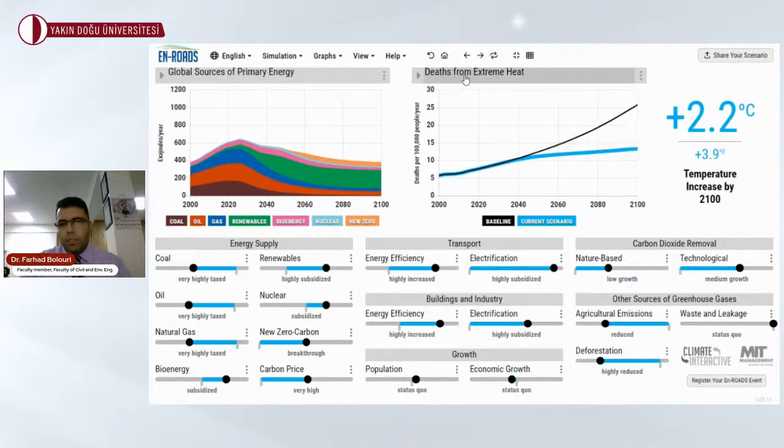If you see this one, deaths from extreme heat, if we don't do anything by 2100, we will have around 26 deaths per 100,000 people per year. But if you do these policies, it comes to around 13 deaths per 100,000 people per year. So you reduce it by half. It is important.